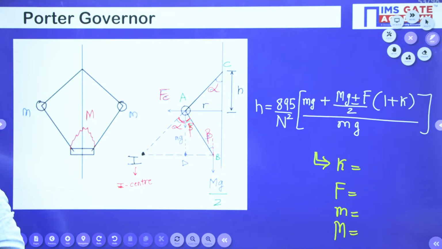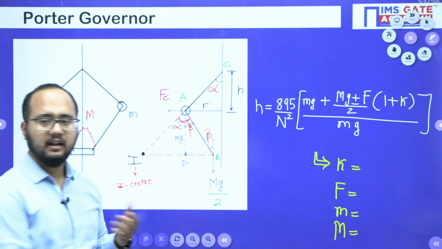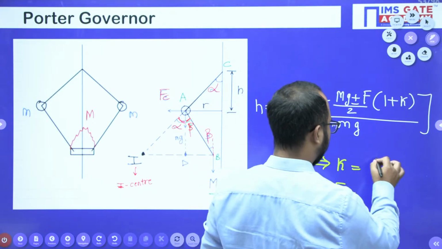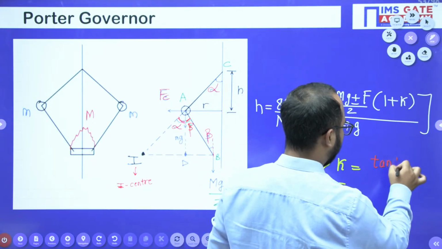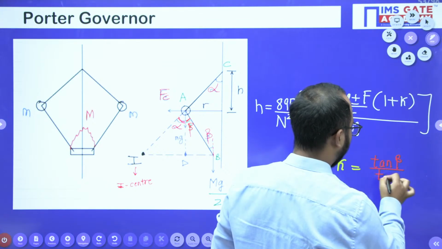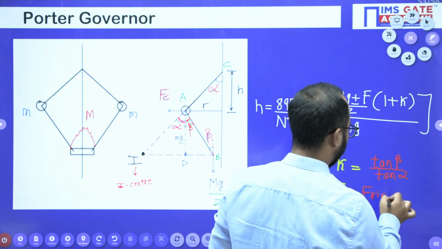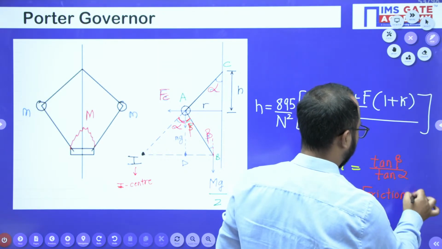So see, actually F is nothing but the frictional force we are having. Clear? F is the frictional force. But before that we should write K, that is tan beta divided by tan alpha. Frictional force, right?